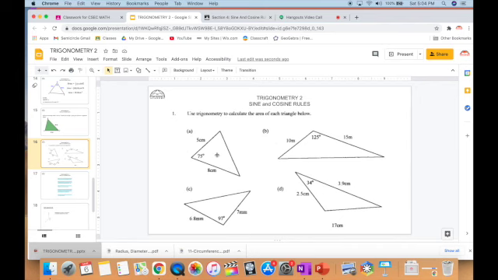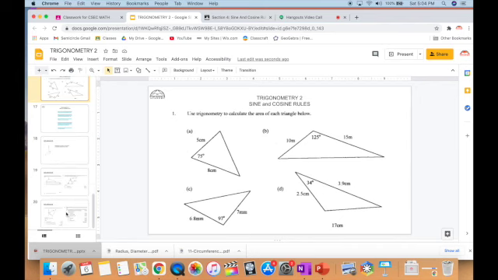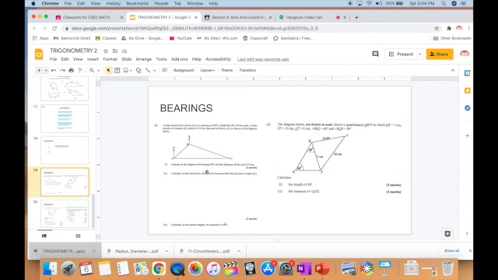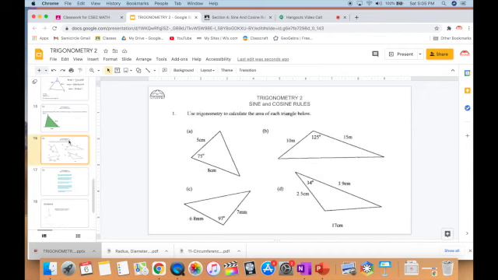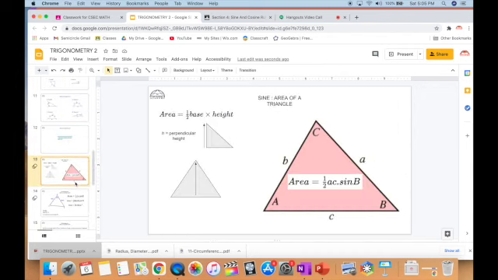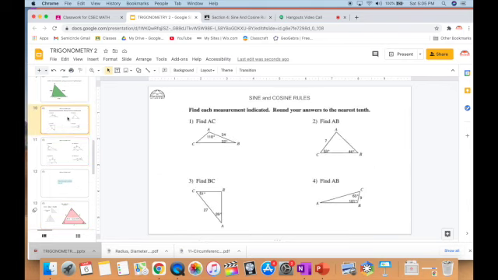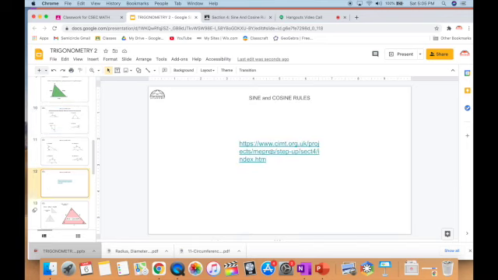No, they are going to give you bearings. So these bearings questions here, we're going to take a look at next week. So bearings and area of a triangle is what we're going to look at on Tuesday. Your homework for Tuesday is these 8 questions here. We're going to see if we can correct them, as well as some of the questions in here if we have time.